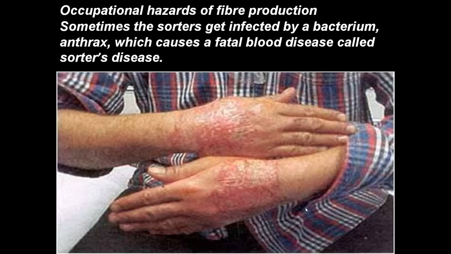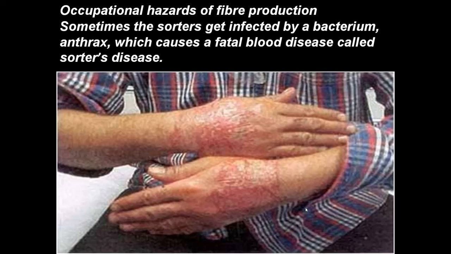Dear children, we know that silk is very important, wool fiber is very important, we use it. But have you ever thought, while processing this wool and silk, the people working there are facing so many problems. So these problems or difficulties they are facing in their health are called occupational hazards of fiber production.